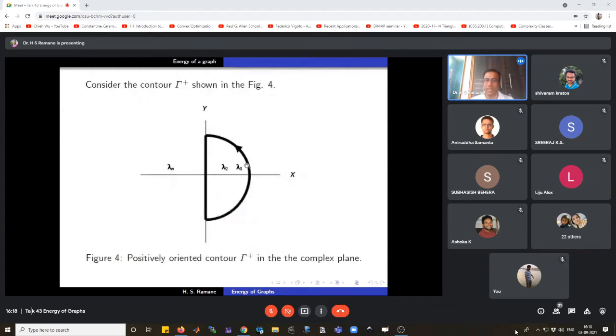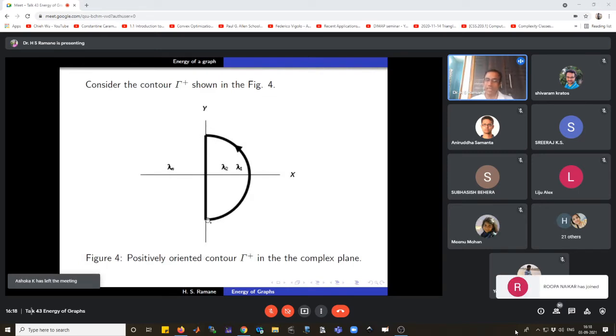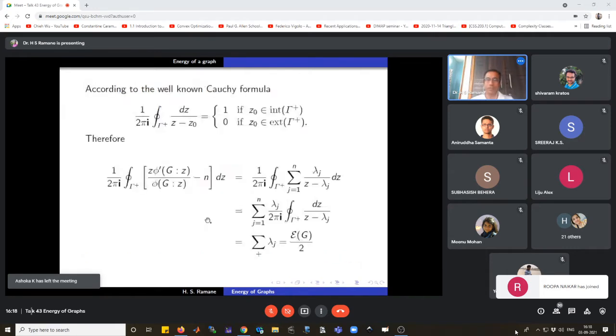As n tends to infinity, the curve part tends towards 0, so it vanishes. So only the integral along the y-axis from plus infinity to minus infinity is left.